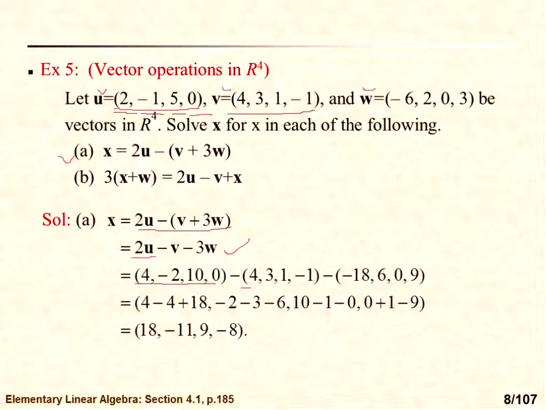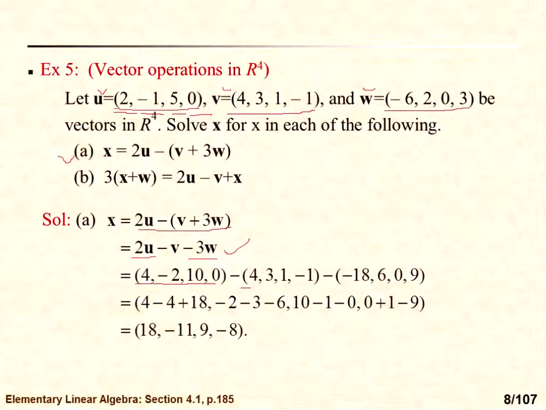Then again v multiplied by minus 1. So I am going to multiply v with minus 1. Everywhere we see that we multiply with minus. Now the third one is minus 3w, so minus 3 goes inside.